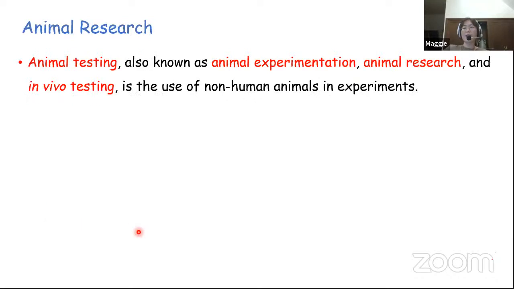So at the next level, although these compounds work very well in cells or in vitro studies, we still need to use animal studies to confirm our findings. So the next level is animal research, also called animal testing, which is also known as animal experimentation, animal research, in vivo testing, or something else.